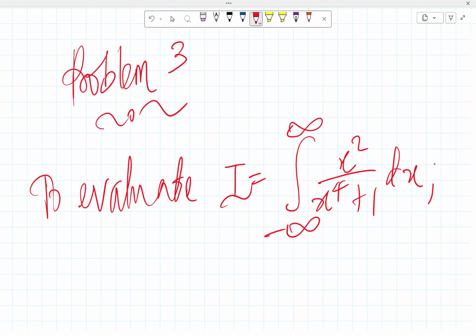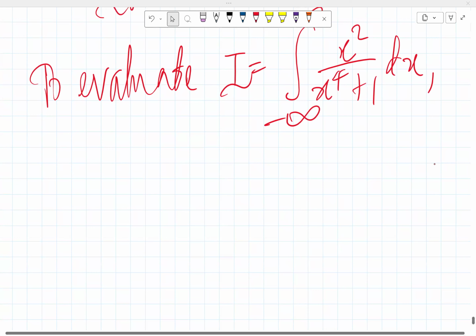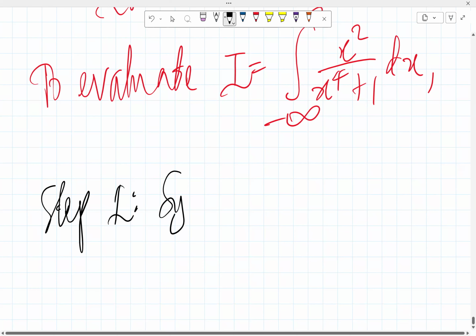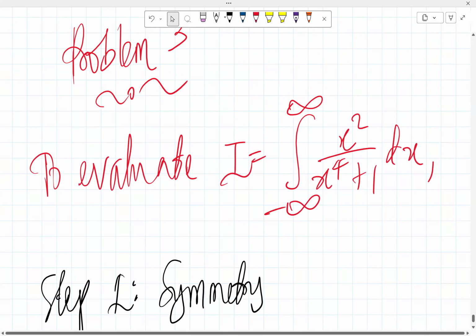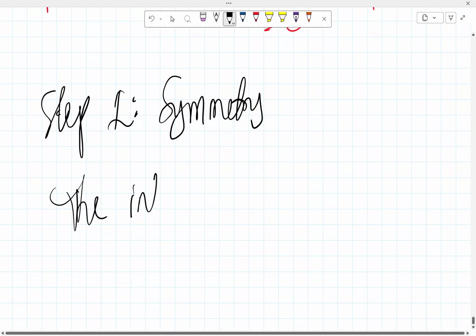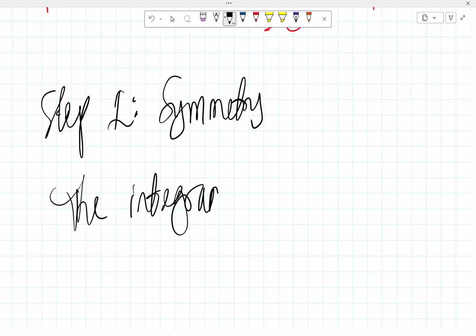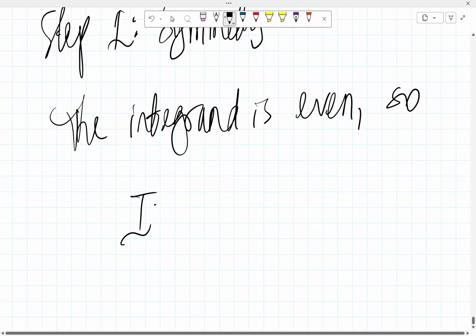So what do we do? We take the steps. Step 1, we find the symmetry. We are dealing with minus infinity to infinity, so here we have the integrand. We see that the integrand is even, so we can say that I is equal to 2 times the integral from 0 to infinity.